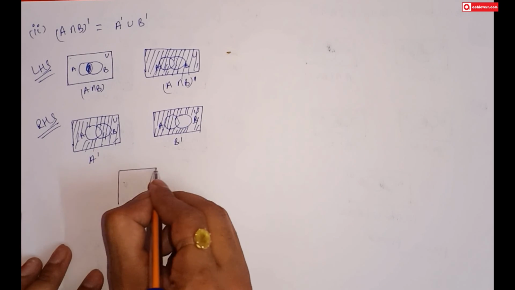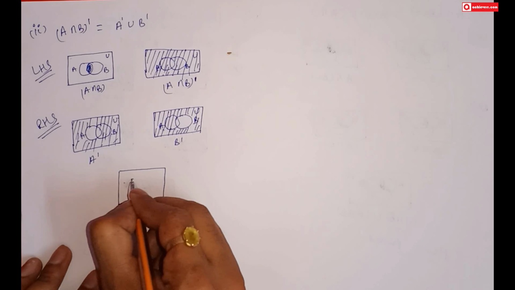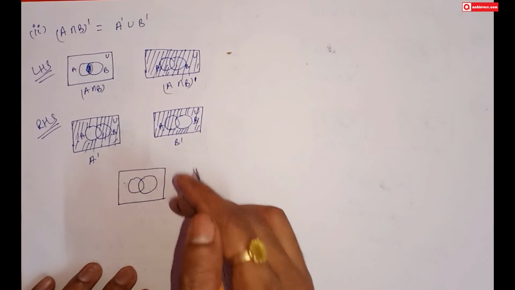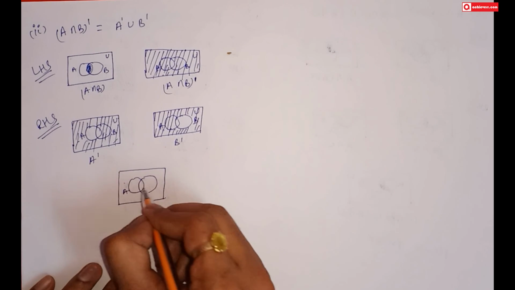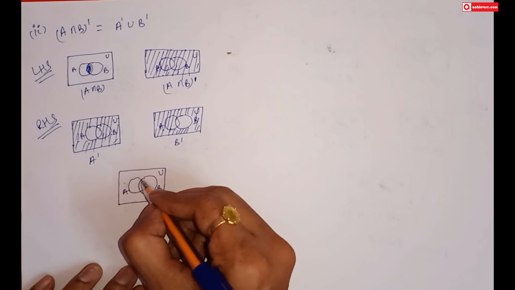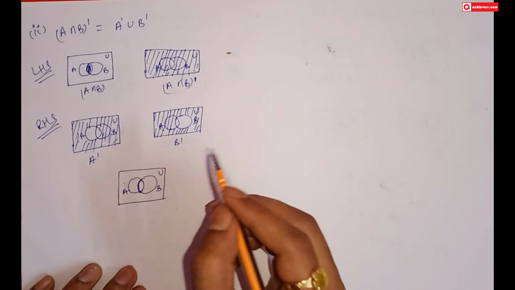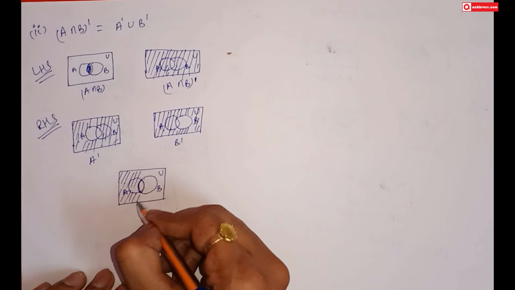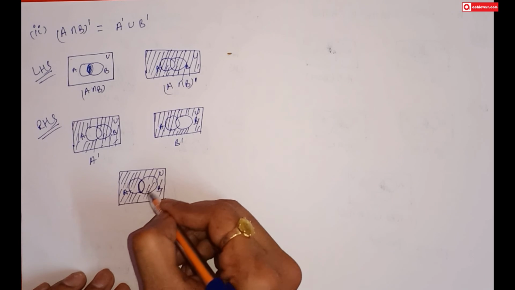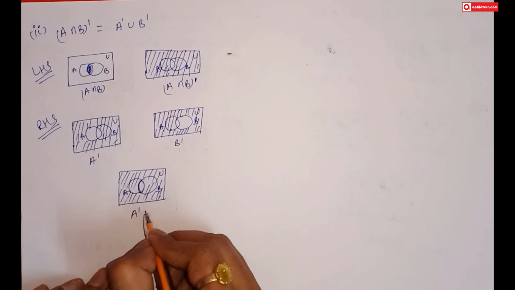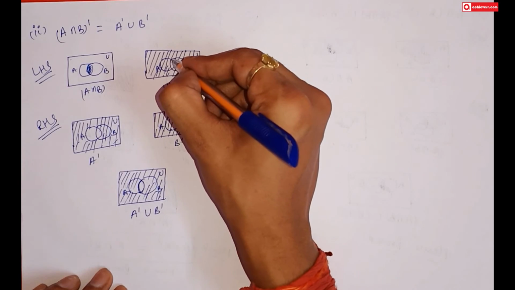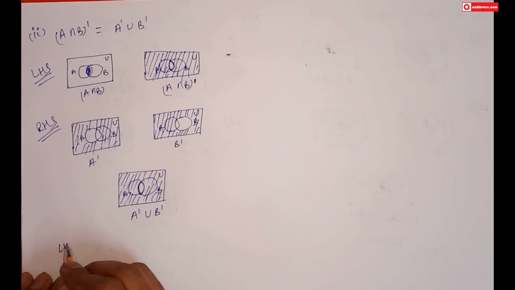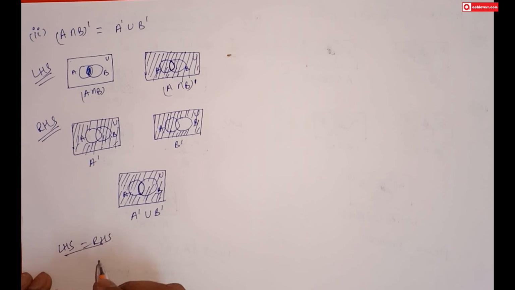So what is A complement union B complement? So everything which is included in the above two figures. So this common portion is not included only, and rest of the things are included. So this is A complement union B complement, and we can verify that here also this common portion is not included. So LHS is equal to RHS, as proved.